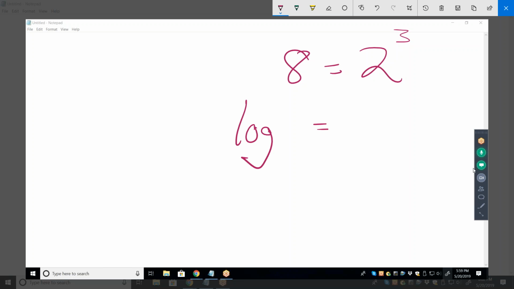Exponents. That means that thing has to be a 3. Oh, right. Okay. Now, what's the 2? The 2 is the base, so that's got to go there. There's only one place left for the 8, the argument. And now if I convert it back the other way, I got 2 to the third power equals 8.